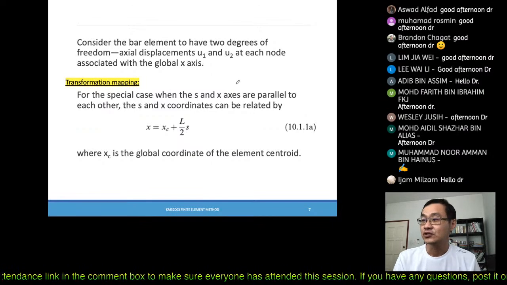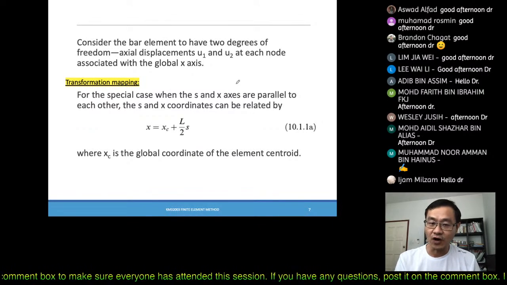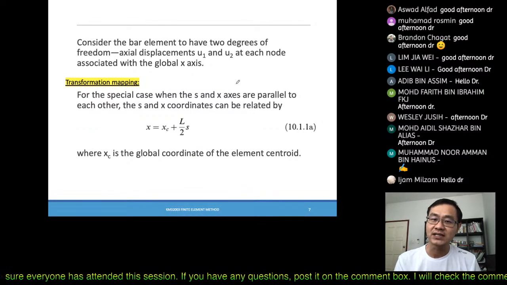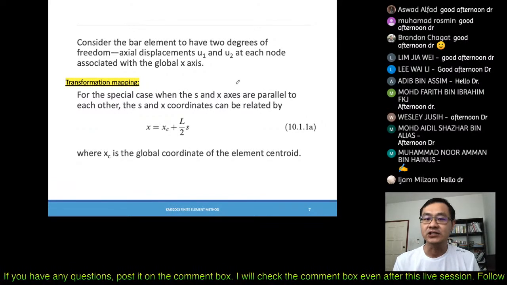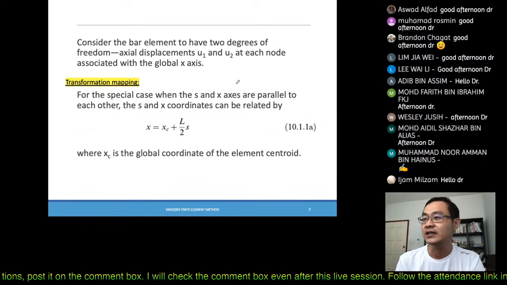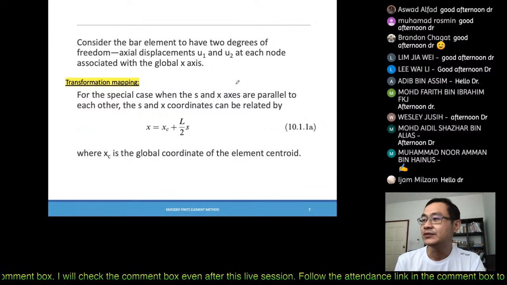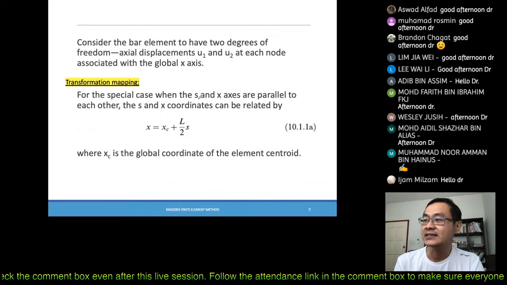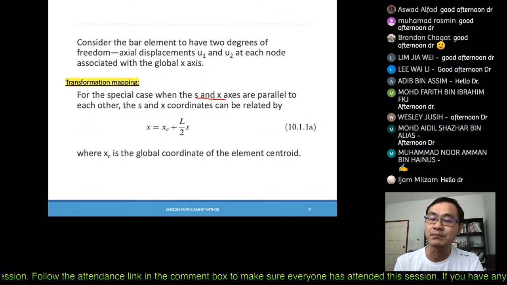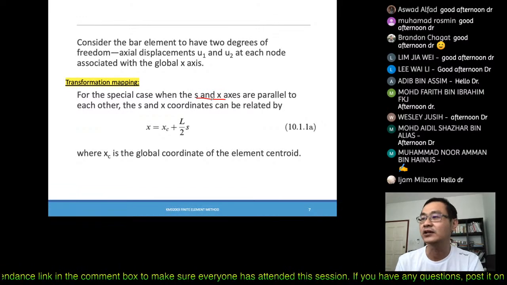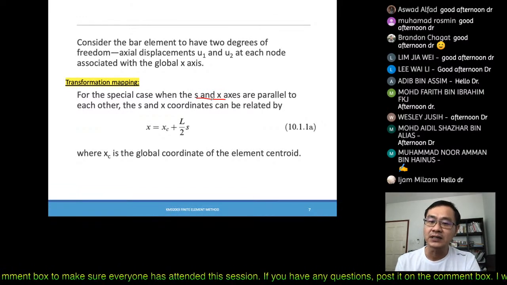So we form the relationship between the global coordinates and the natural coordinate. Here we have a special case where the x and s axes are parallel, to ease our formulation.